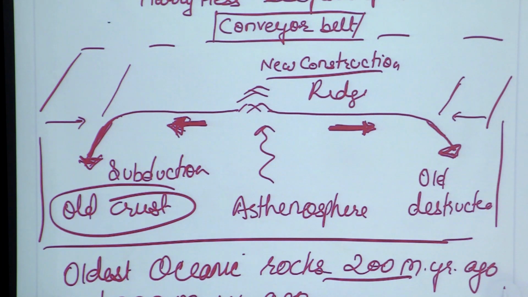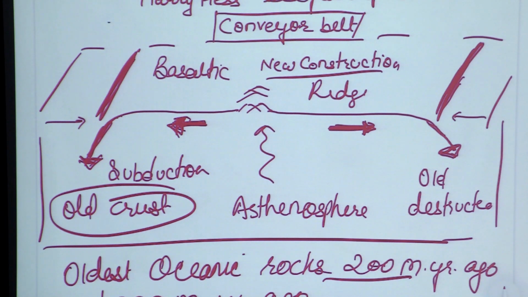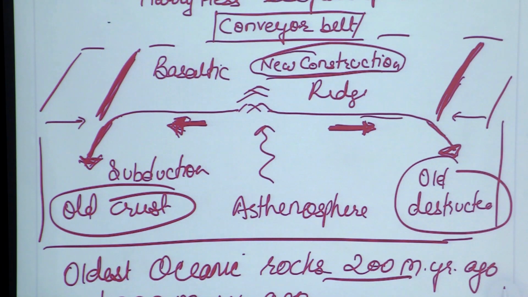Remind yourself, oceanic crust is denser, basaltic, and thus subducts. So Harry Hess seafloor spreading gives us the conveyor belt concept. Conveyor belt concept says new construction at ridge and old destructed at trench. So you have to take that combination to understand why the oldest oceanic rock is not older than 200 million years.